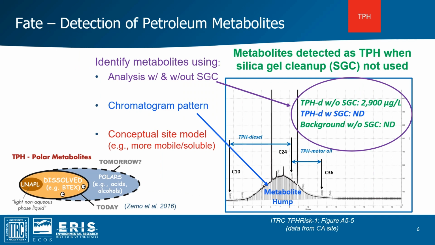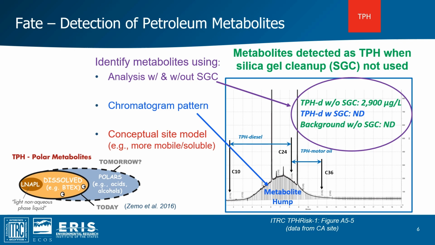Metabolites are primarily measured via extractable TPH bulk analysis for TPH diesel or TPH motor oil, for example, when silica gel cleanup, or SGC, is not used because silica gel removes the metabolites from the sample. Therefore, identifying whether metabolites are present at your site involves using a multiple lines of evidence approach. The first line of evidence is whether a metabolite hump is present in the chromatogram pattern as shown in the graph.